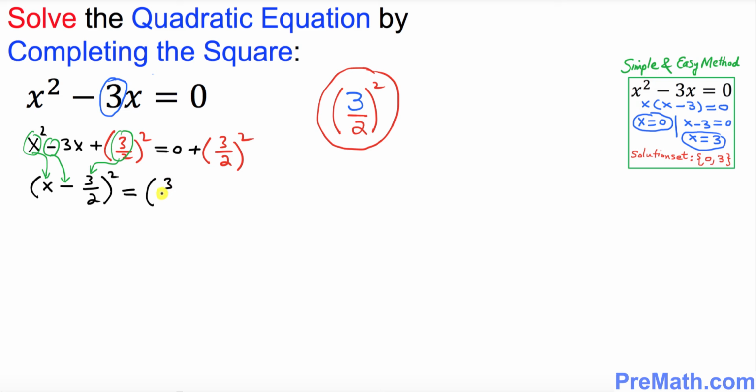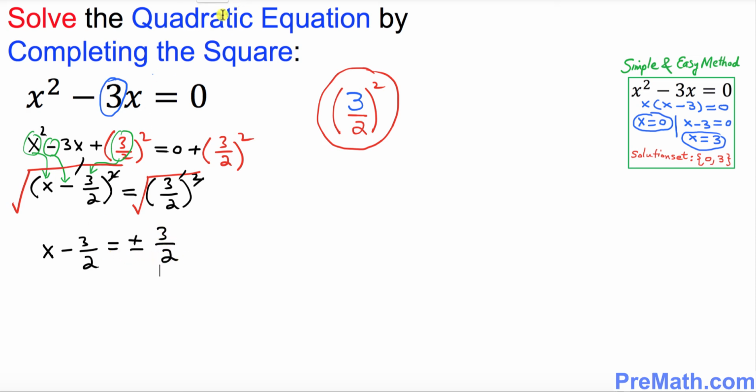3 over 2 squared. Since we want to solve for x, we must get rid of this square, so we must take the square root on both sides. As you can see, the square and square root undo each other. We get x minus 3 over 2, and on this side, the square and square root are gone, so we get positive or negative 3 over 2.